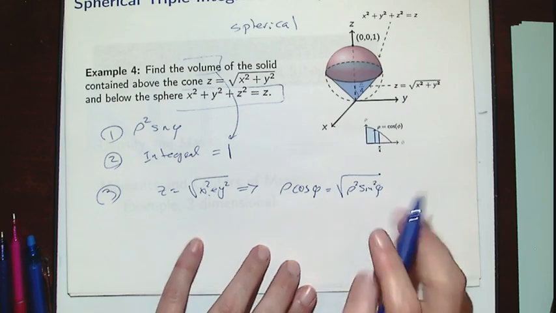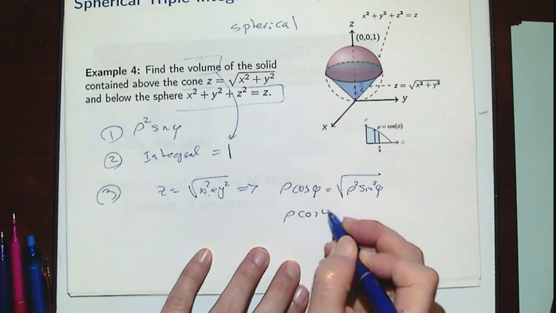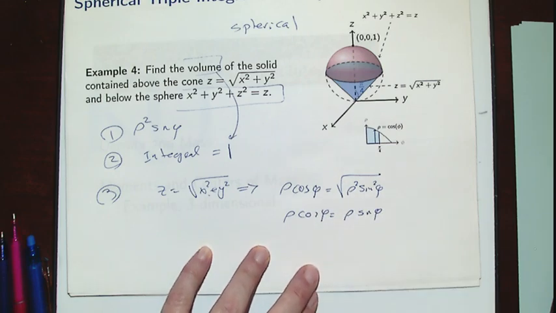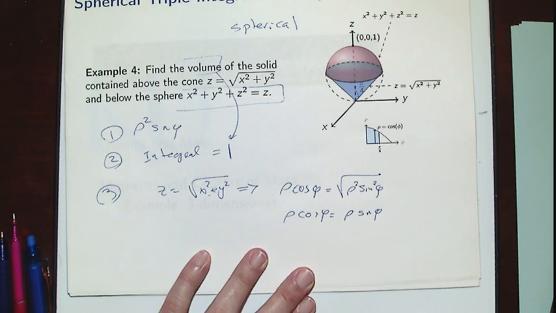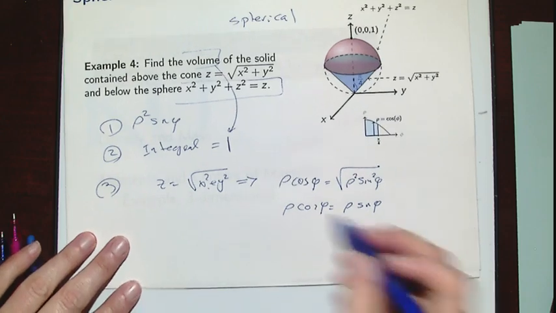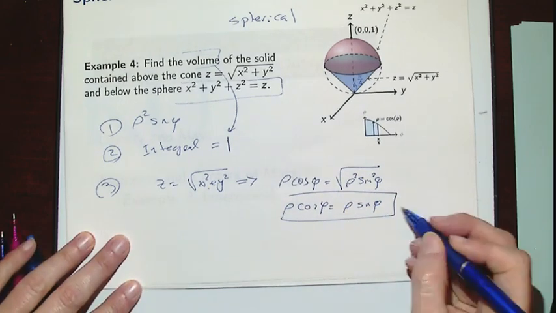Sine of phi is always positive, so it comes out without a plus and minus. Sine of phi between 0 and pi is always positive. It just has to do with that. So that's the cone.